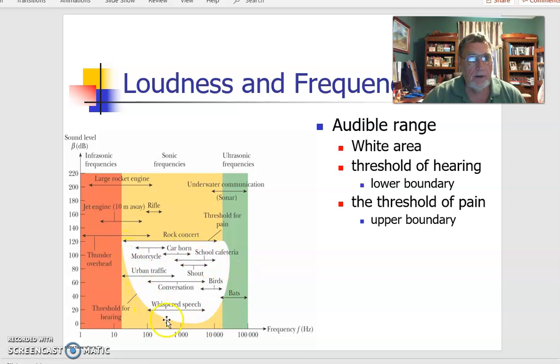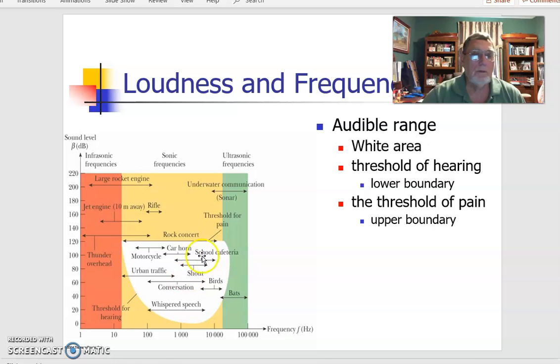Our ears aren't equally sensitive to every frequency, and that varies from individual to individual and changes as you get older. Some frequencies you can hear at lower levels than others. As you get older, you lose some. I've lost certain frequencies in the high range. There are certain sounds that people around me can hear that I simply don't hear anymore, and that's not unusual as people get older.